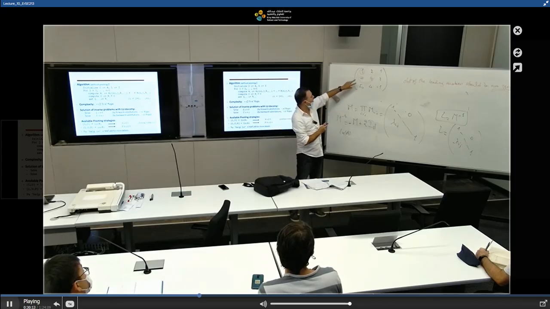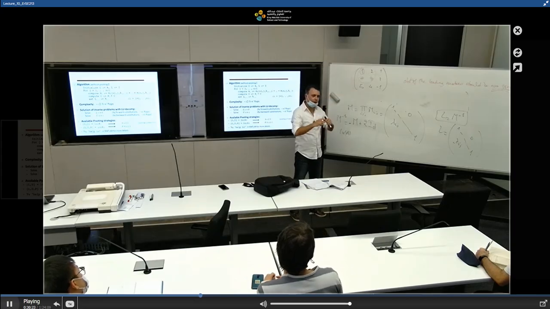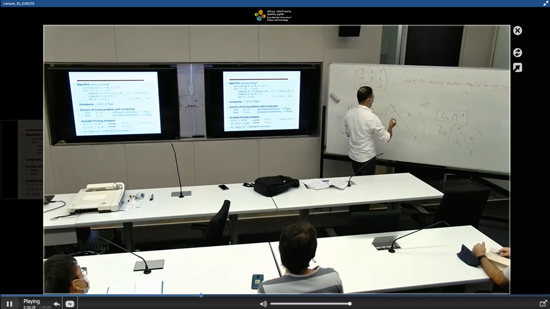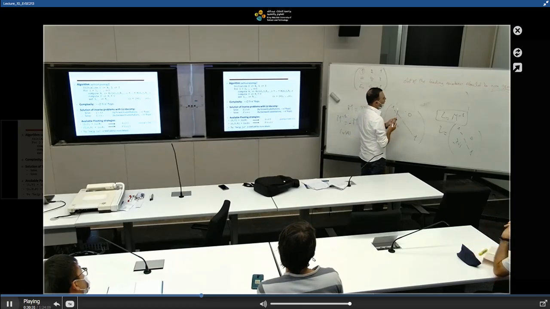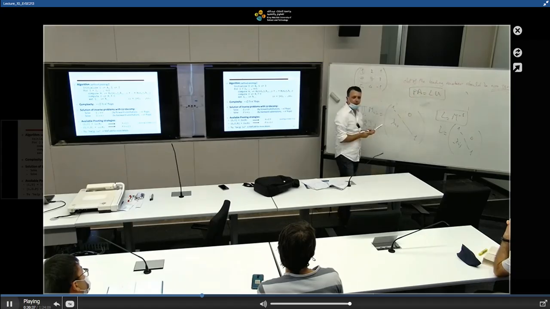By permuting these two rows, swapping these two rows. Okay? So at the beginning, you can swap to make sure that all the leading matrices have non-zero determinants. And you can do that. So basically, the general form is not A equals LU, it's PA equals LU, where P is a permutation matrix.